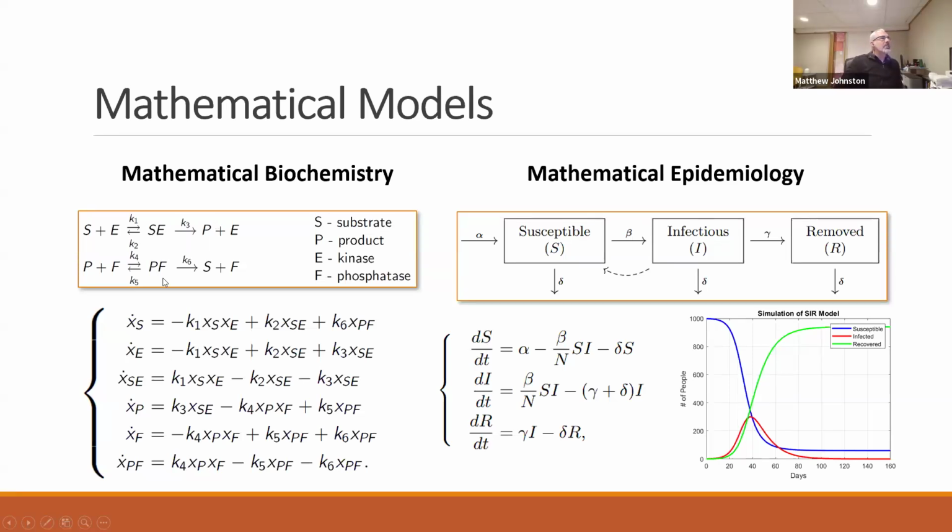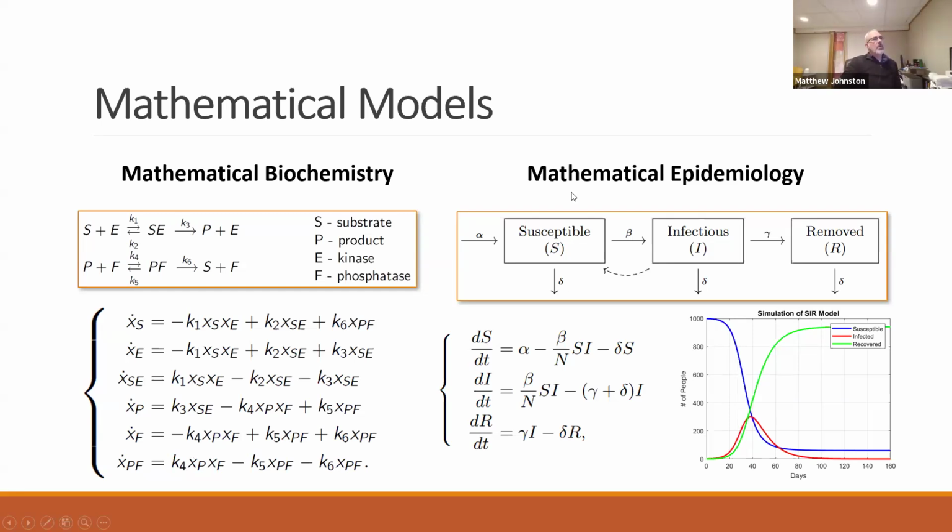So this is a simple, what we typically call a futile cycle or a phosphorylation cycle. And when we put all those interactions together in our standard mass action ordinary differential equation framework, we get the rates controlling the dynamics in this way with a system of nonlinear ordinary differential equations.